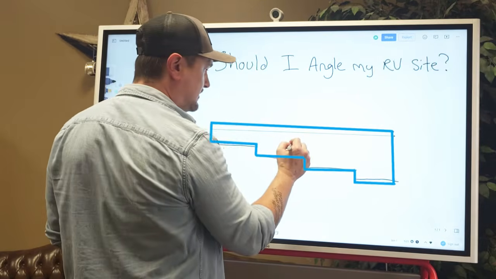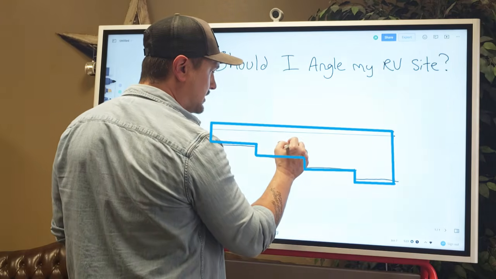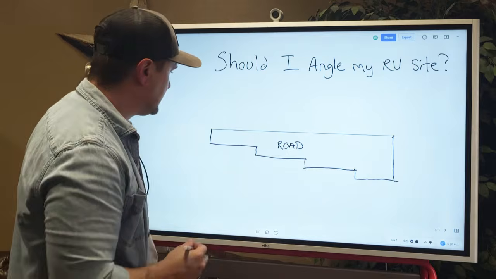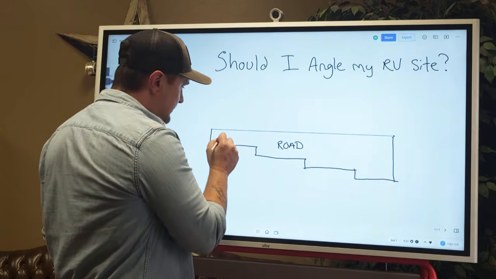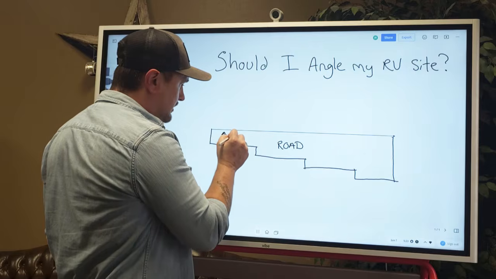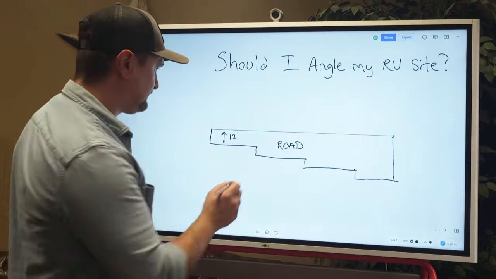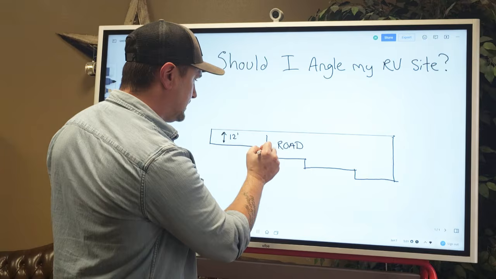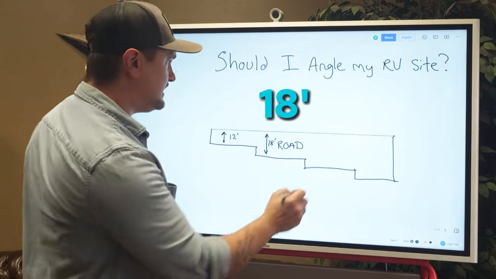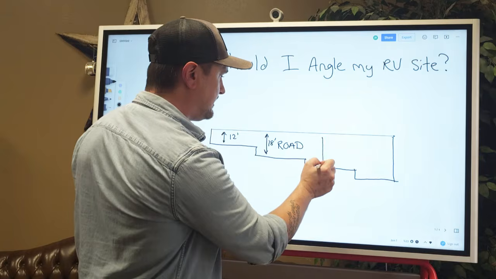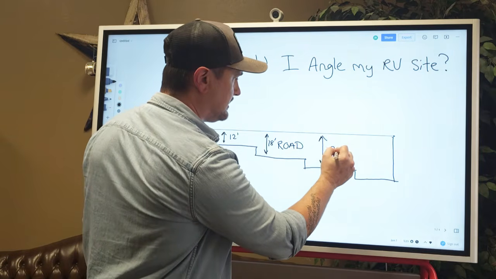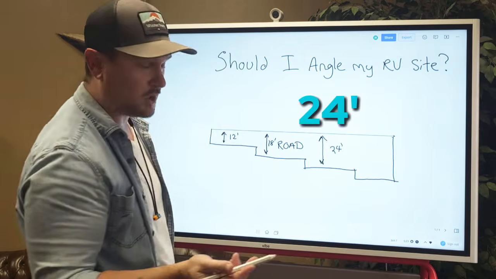This is my road, okay? Let's say this is a very small one-way road at 12 foot. This one is 18, and let's go this one at the common, 24.